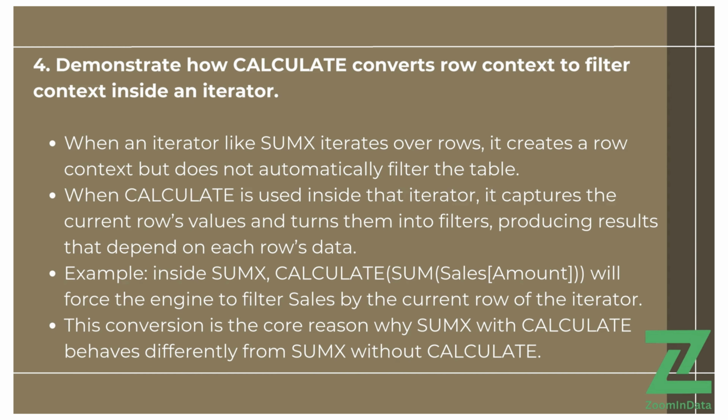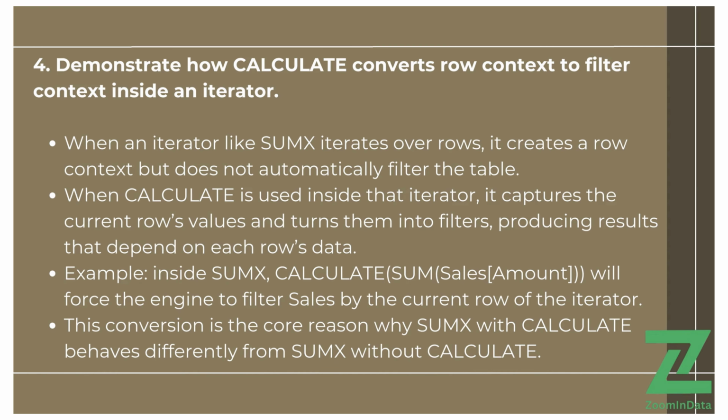Demonstrate how CALCULATE converts row context to filter context inside an iterator. When an iterator like SUMX iterates over rows, it creates a row context but does not automatically filter the table. When CALCULATE is used inside that iterator, it captures the current row's values and turns them into filters, producing results that depend on each row's data.